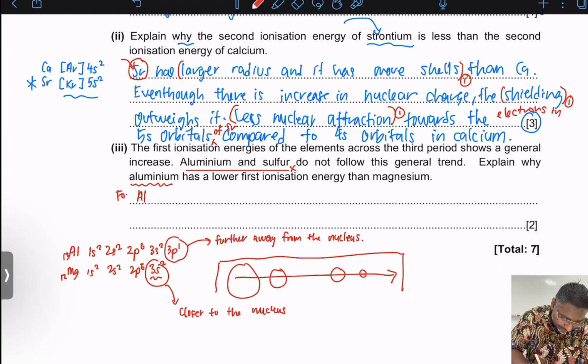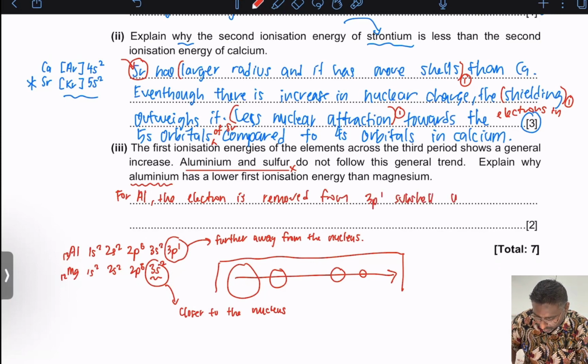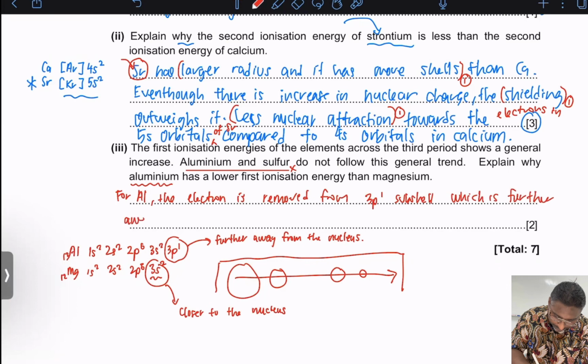Or you can say, for aluminium, the electron is removed from the 3p1 subshell, which is further away from the nucleus.